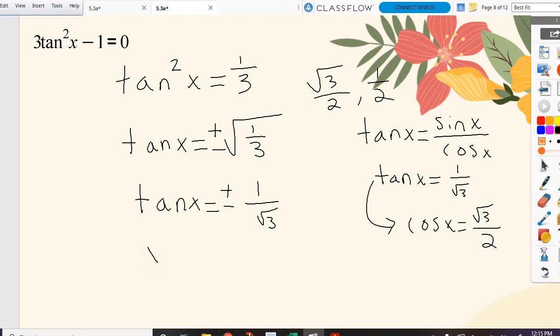Square root of 3 over 2, is it our 30 degrees or our 60 degrees? It's your 30, which in radians is pi over 6.